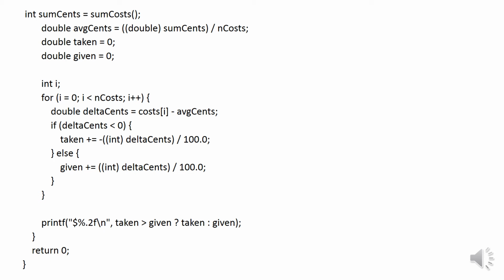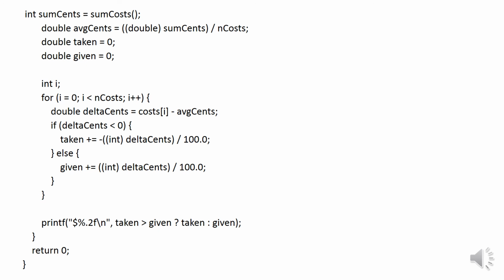the cost of exchange between the two students. So double delta cent, cost of i minus average of cent. For example, for the third student, they paid 3000 minus the average, which is 2000, so they paid more, by 1000.